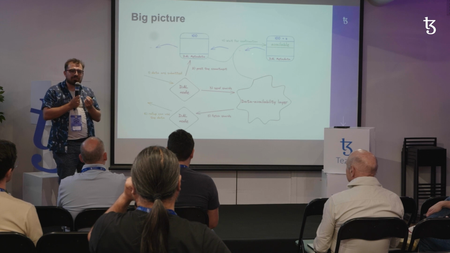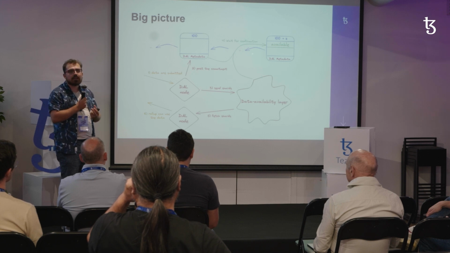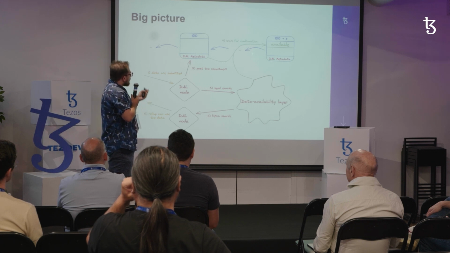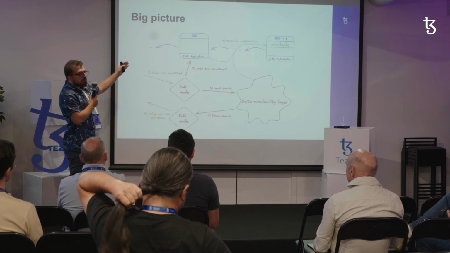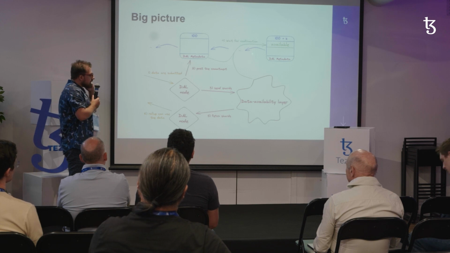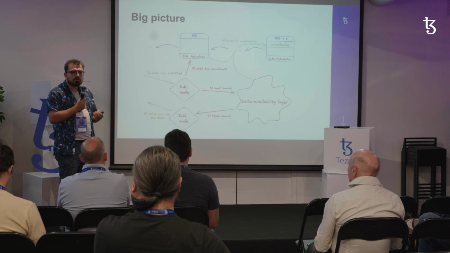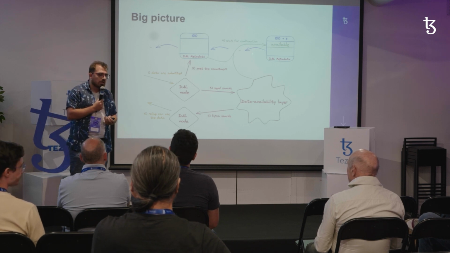The point of having a commitment is it's very small. It's like 50 bytes, right? So you have this commitment at some level, here 100, and then the DAL node will send what we call shards onto the data availability layer.